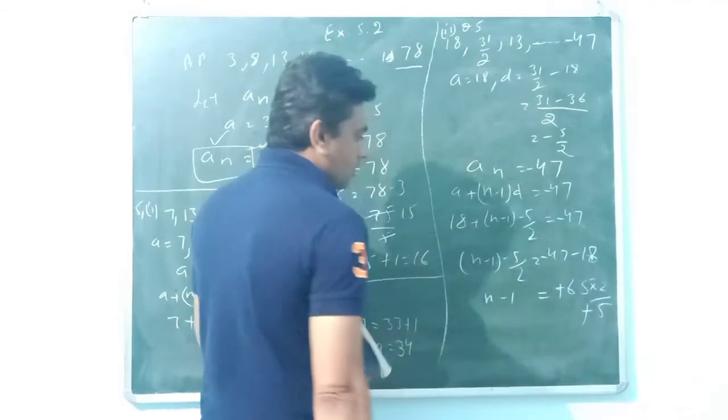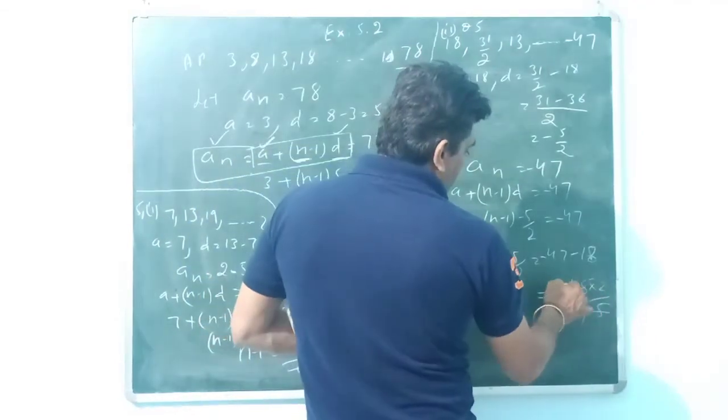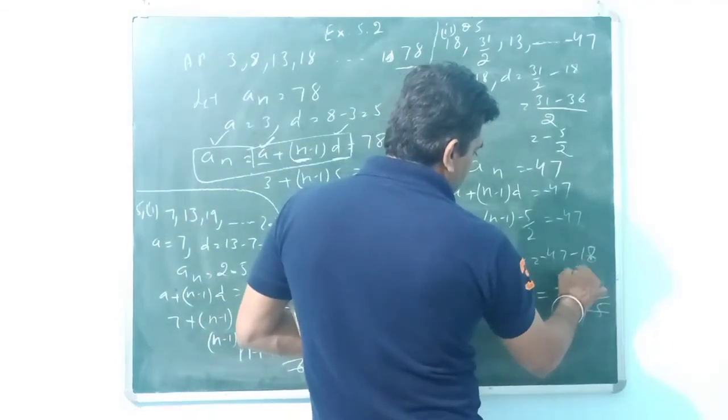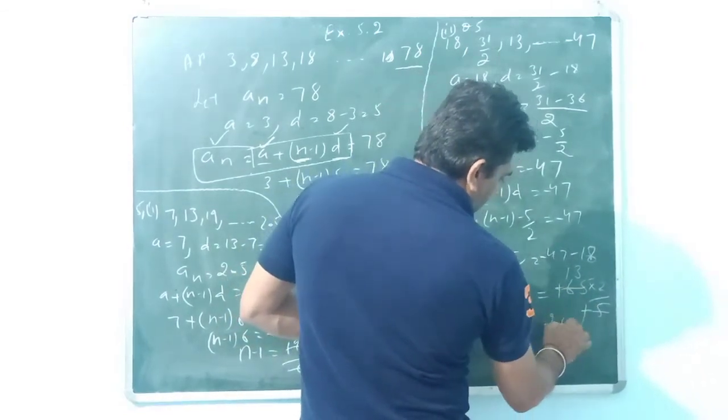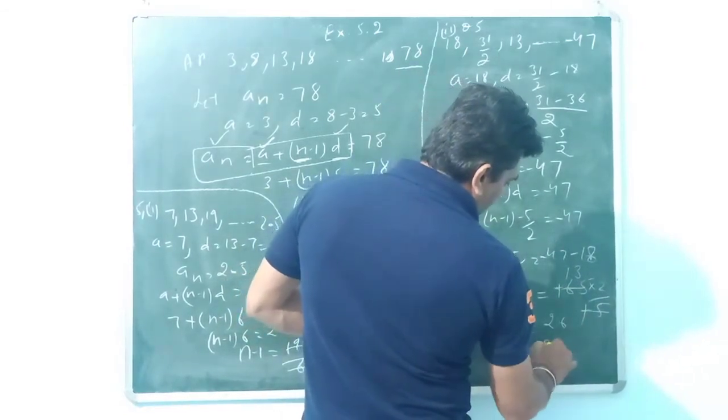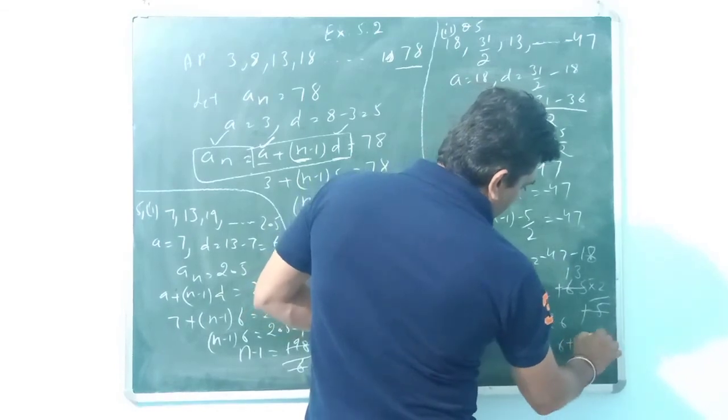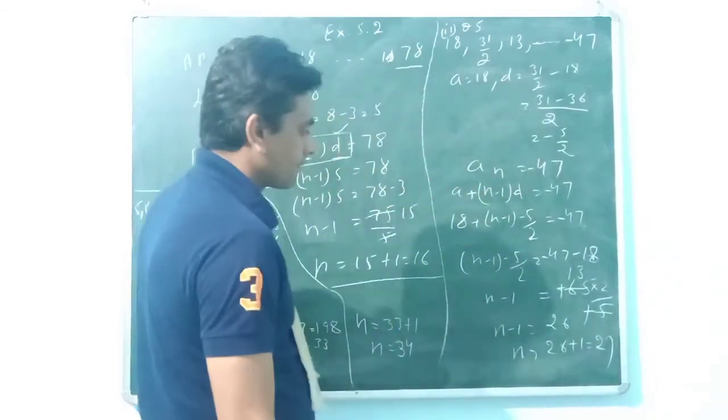This minus cancels out this minus, and this becomes n minus 1 equal to 26, or n is equal to 26 plus 1, 27.